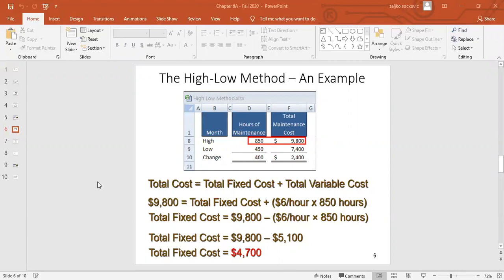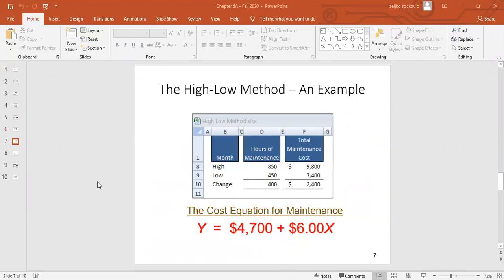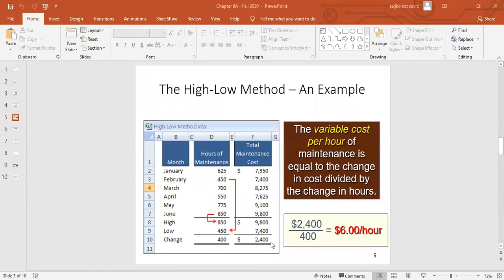And now we know how our costs behave. We know that 4,700 is in each one of these. The same 4,700 here, 4,700 second one, third one, fourth one. Everywhere 4,700.